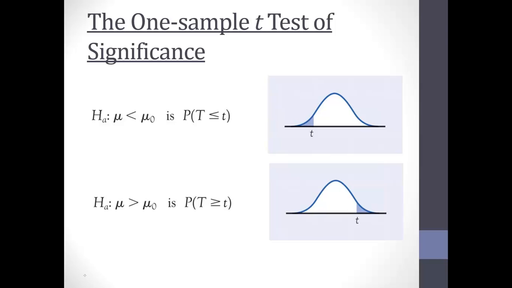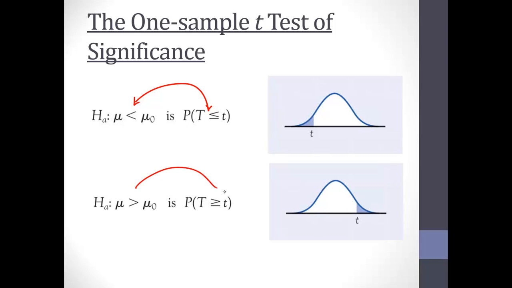If our alternative is that the mean is less than some hypothesized value, similarly our p-value is going to look at the area less than the test statistic we got. The thing you can match up here is that the inequality sign in your alternative hypothesis should line up with the formula for your p-value.